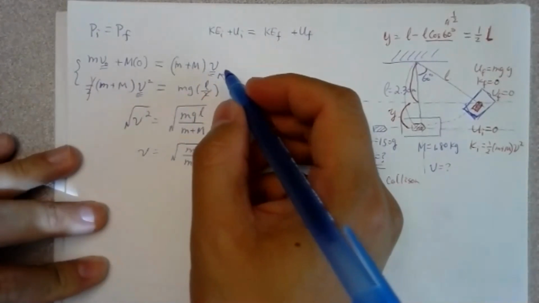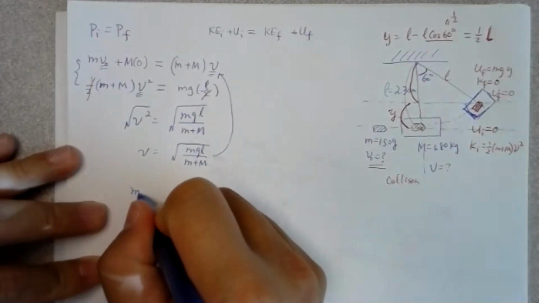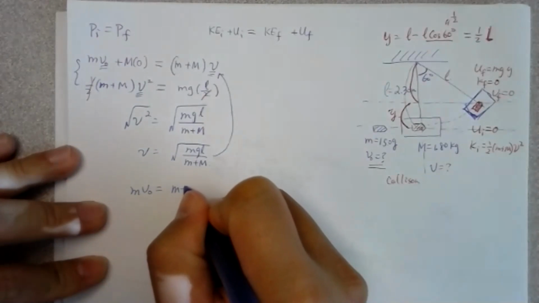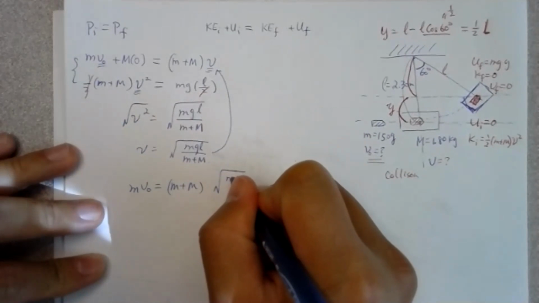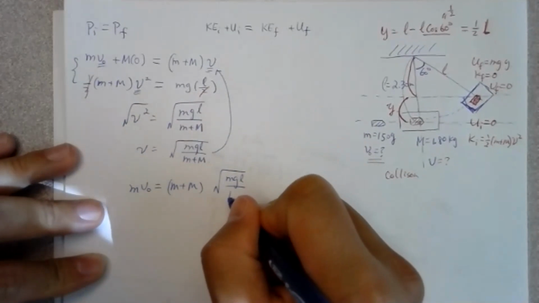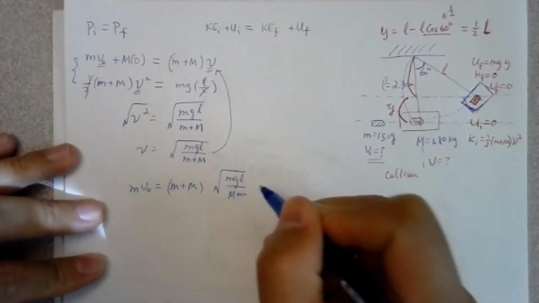From the first equation, you can see that MV0 equals M plus capital M times V, which is the square root of MGL over M plus small m.